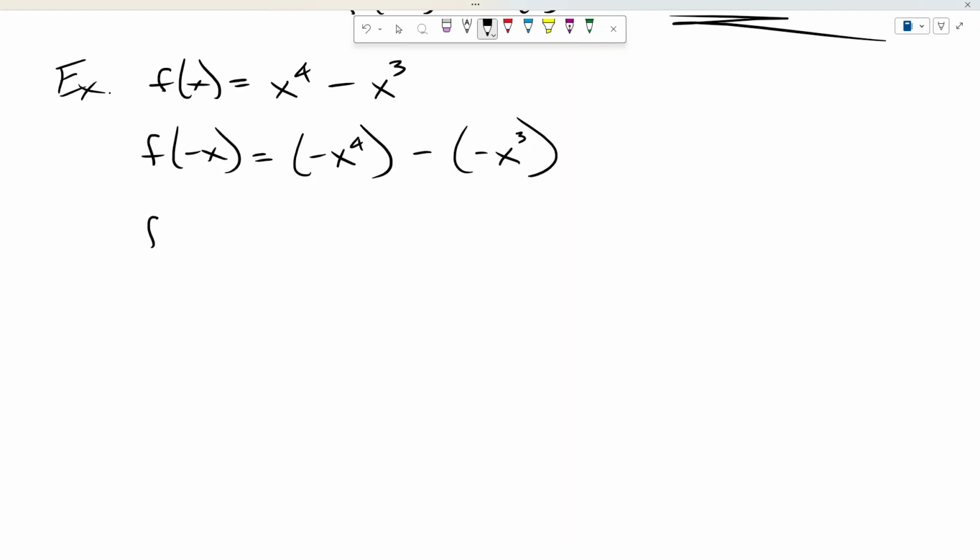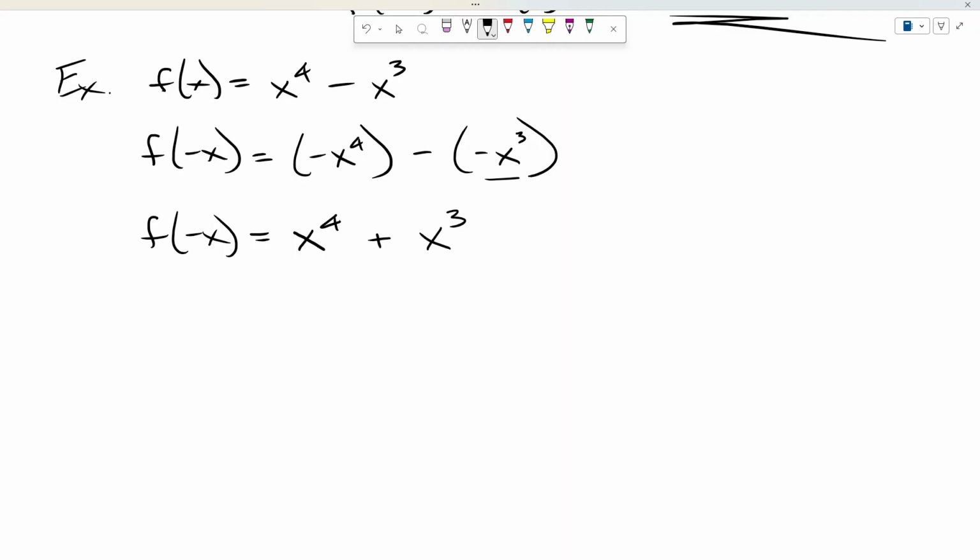All right, so simplify that. So negative x to the fourth. We have an even number in the exponent, so that's going to become positive. So we end up with x to the fourth. And then here we have negative x taken to the third power, so that's odd. So that's going to remain negative, but we're subtracting a negative, so that'll become plus x to the third.